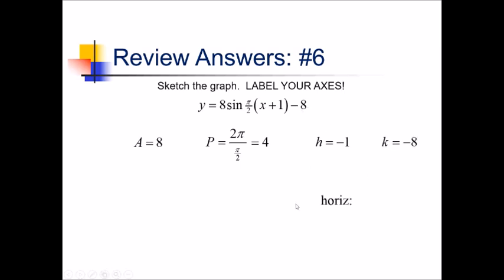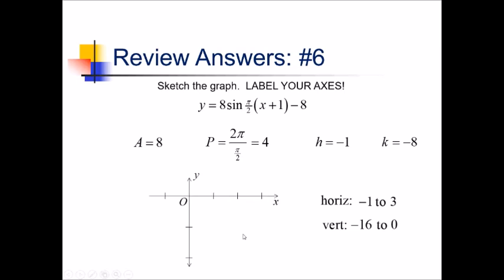Horizontally, I'm going from the h value of negative 1 for the x values here to whatever h plus the period is. So negative 1 plus 4 gives me 3. Vertically, I'm going from k minus the amplitude, so negative 8 minus 8, negative 16, to k plus the amplitude. Negative 8 plus 8 is 0. All right, so a graph that accommodates all of this.